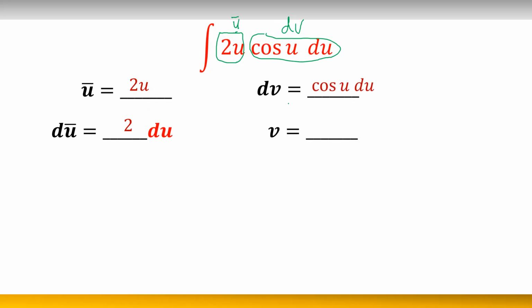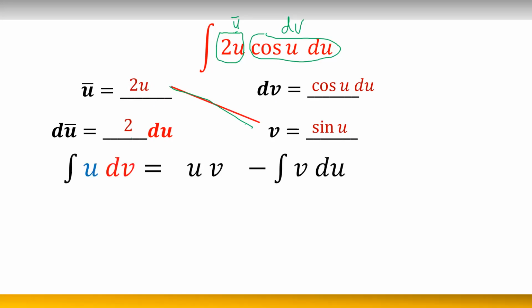Okay, so integrating the other side, no? Integral ng cosine is sine. Positive yun, no? Integral ng cosine is positive sine. Ayan, so ito, madali lang, no? Dinifferentiate. So, this product is 2u sine u tapos minus integral of this product.